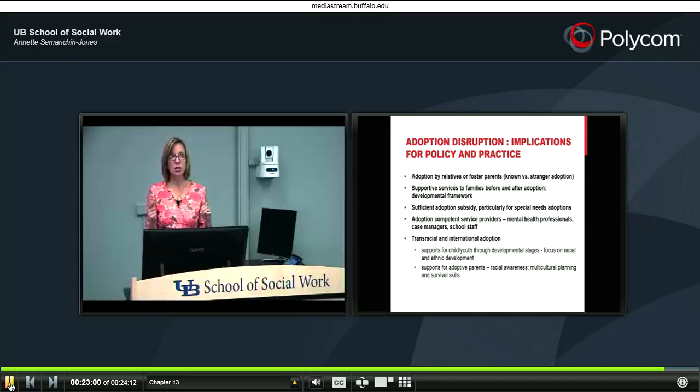There's some emerging research too looking at transracial and international adoptions. So again, paying specific attention to supports for children and youth through the developmental stages that focus on issues of racial identity, ethnic development, and making sure that youth are supported, and making sure that parents are supported, especially cross-nationally, transracially.